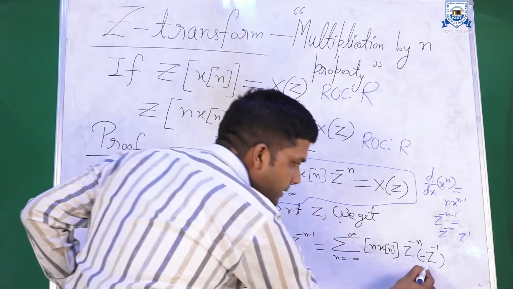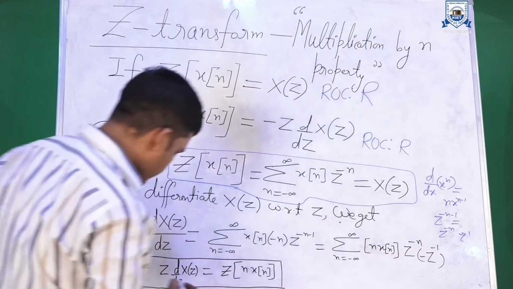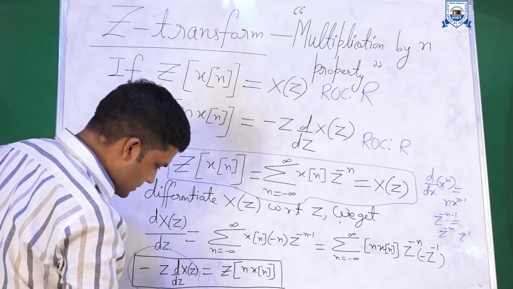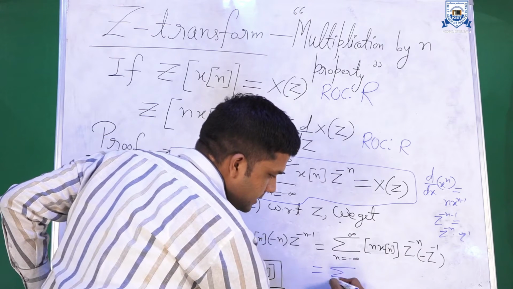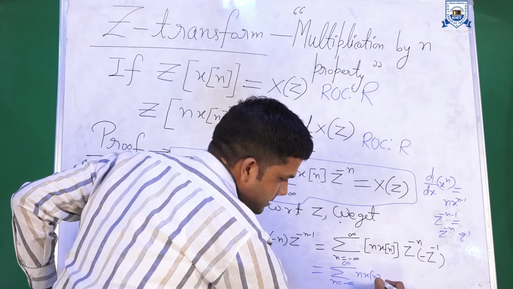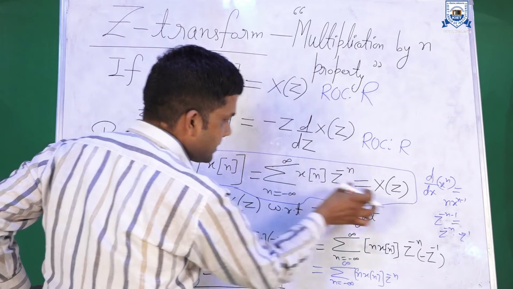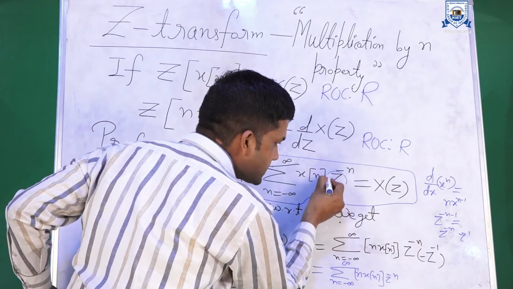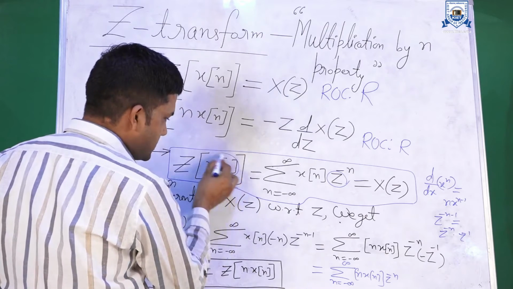So we can take z inverse, that is 1 upon z, and we may write it as the sum from n equals minus infinity to plus infinity of n x[n] z to the power minus n, because we write this as X(z), and here x[n].